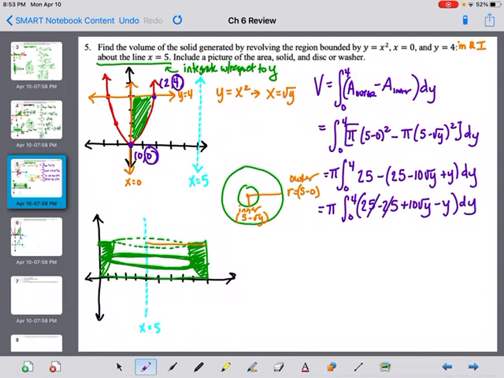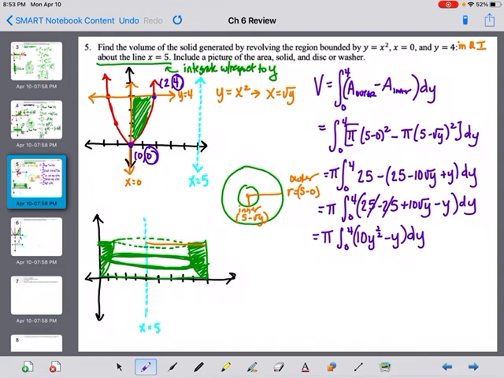And the 25 and the negative 25 end up canceling out. So then, when I write this in something that's easy to anti-differentiate, I have the integral from 0 to 4 of 10 times the square root of y, that's 10y to the 1/2 power, minus y to the 1st power, dy.